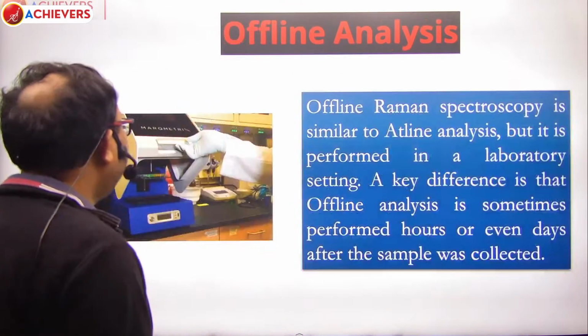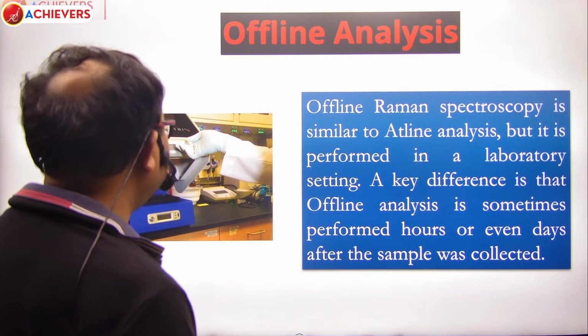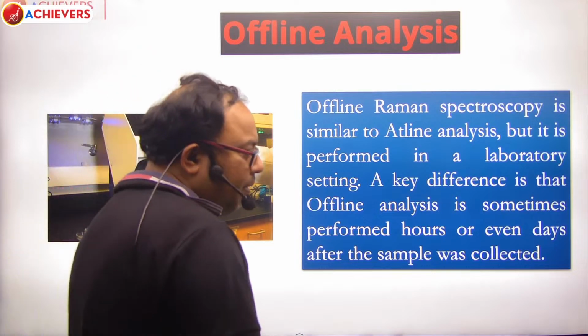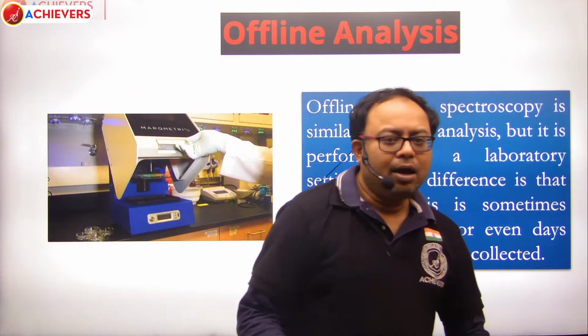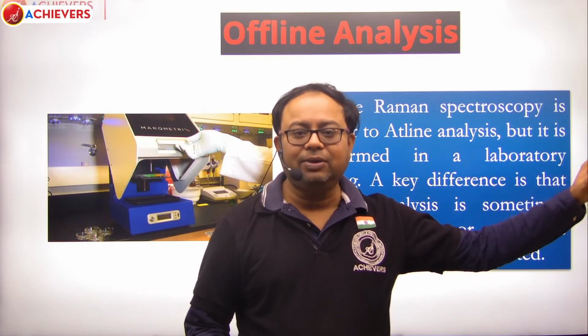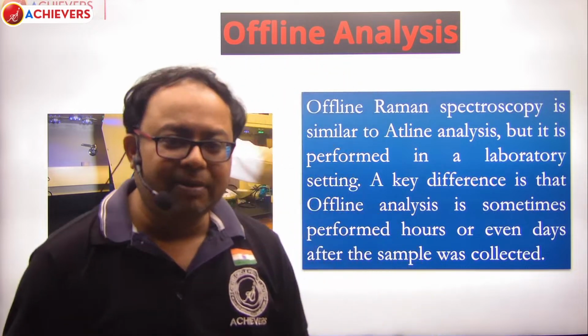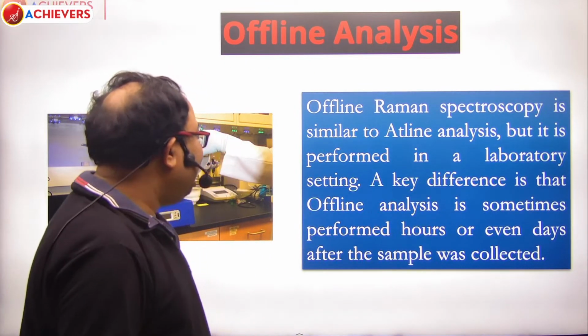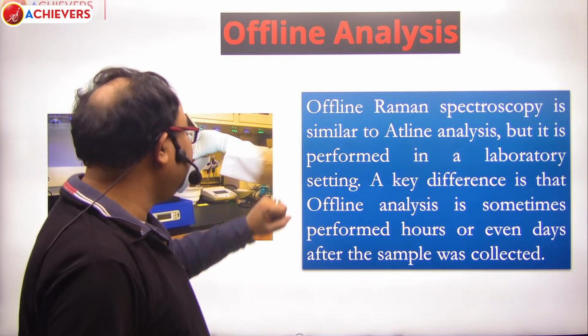Next, we are moving on to the final analysis, that's offline analysis. Again, as we have seen, the online analysis is quite similar to inline analysis. Similarly, this offline analysis is very much similar to your at-line analysis. But there is a difference.